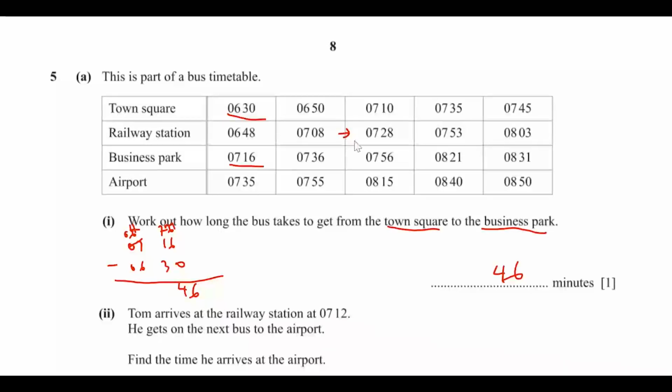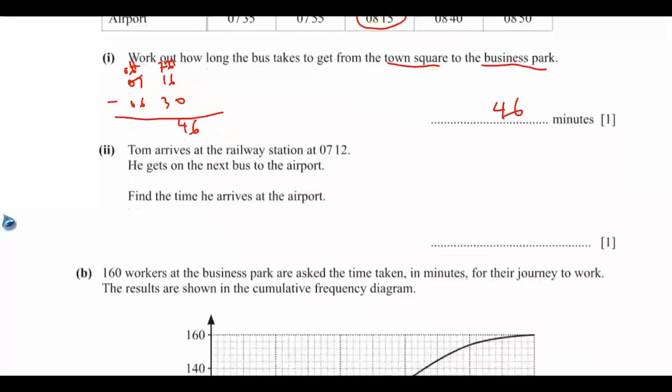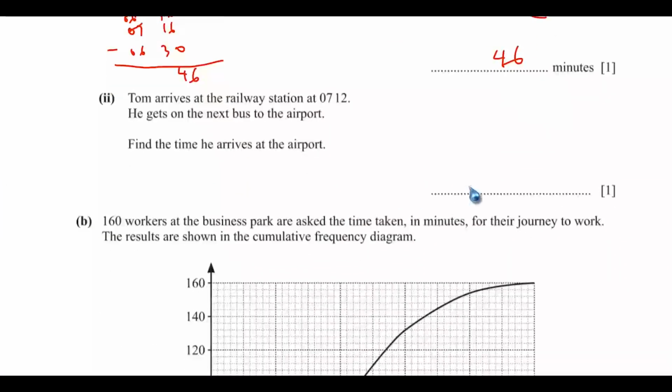So you can only join this bus. So if he joins this bus at 7:28, he's going to get to the airport by this time, that is 8:15. So that will be the time you will get to the airport. So 8:15, that's right, 0815 here.